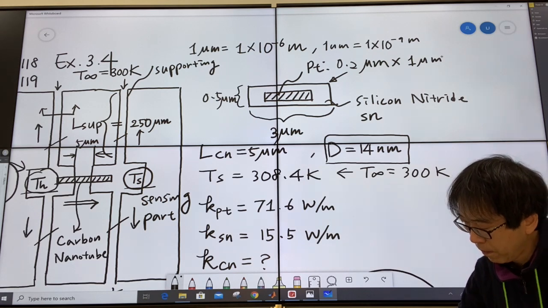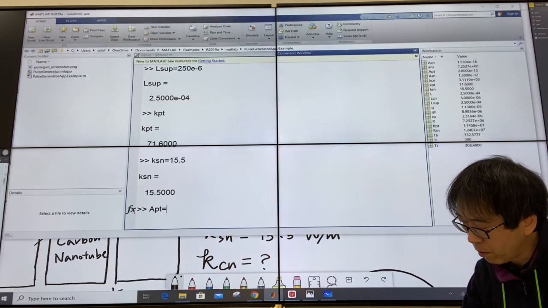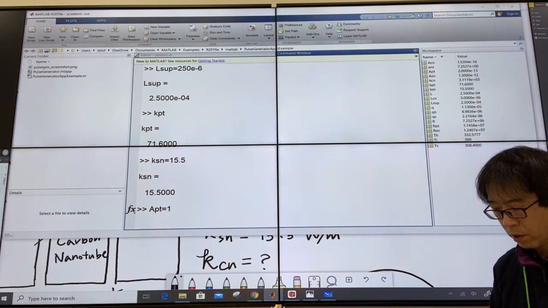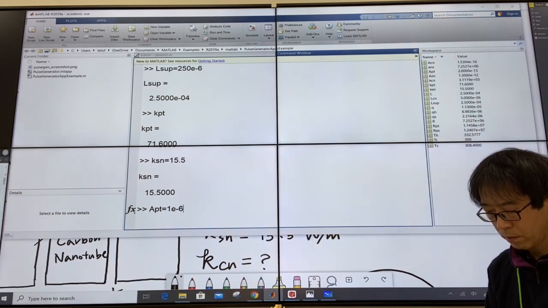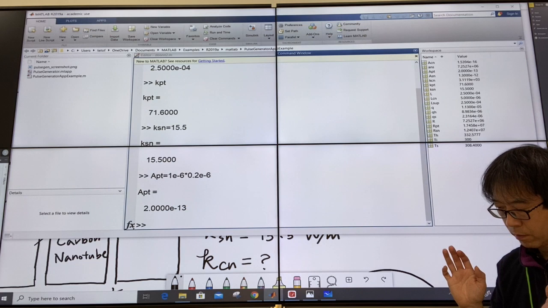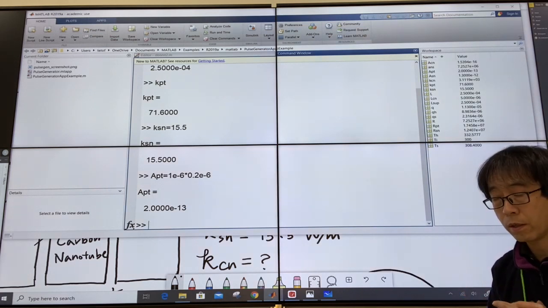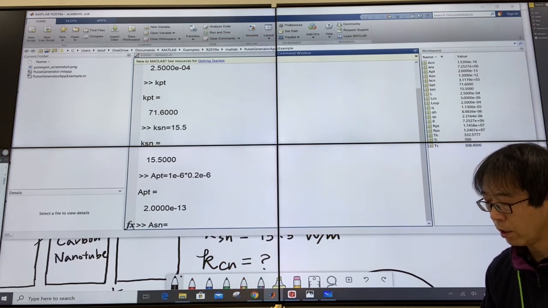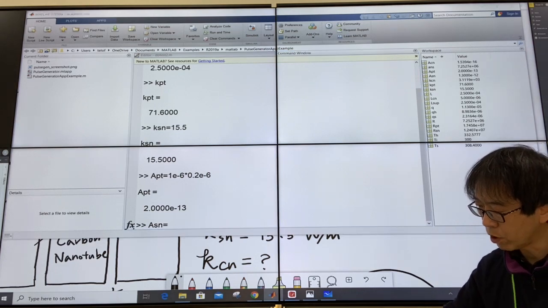Okay, so we'll just use that number. And so the area is 1 micron by 0.2 microns. That's the area in terms of meter square, right? And the area of silicon nitride is, well, you need to take a look at the picture.